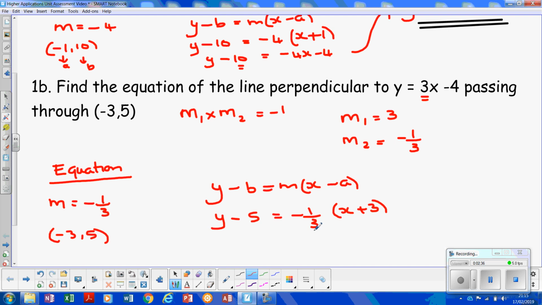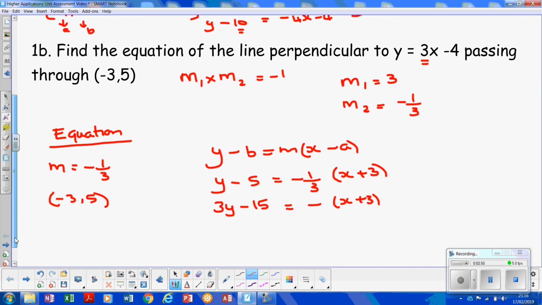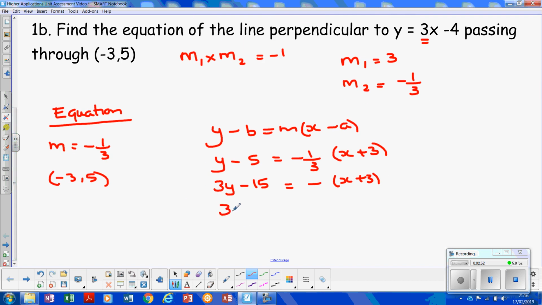Don't like this 1/3 here, so multiply both sides by 3. So 3y minus 3 fives, 15, is equal to -1 times (x + 3). I'm now going to multiply that whole bracket by -1. So 3y - 15 is equal to -x - 3.